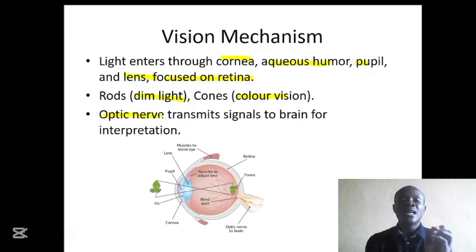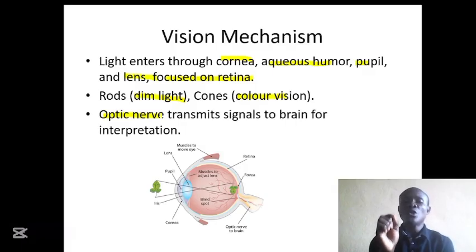As I said, the optic nerve from the right part of the eye will join together with the optic nerve from the left part of the eye at a particular point we call the optic chiasma. This optic nerve will carry those electrical impulses to the occipital lobe of the cerebrum where they have to be interpreted.